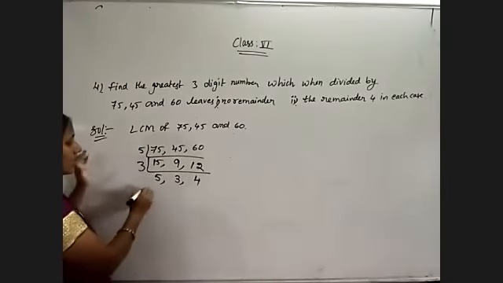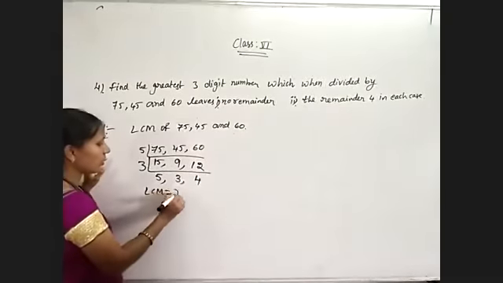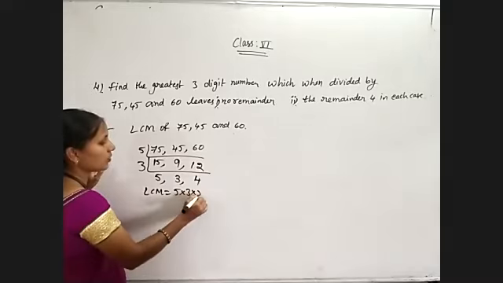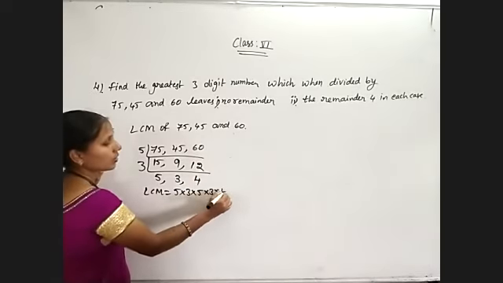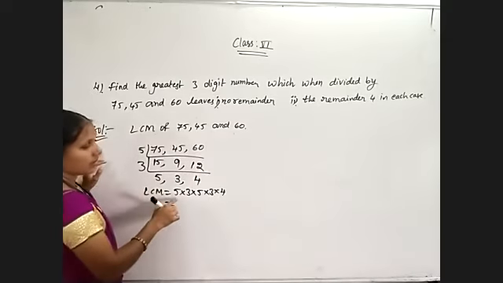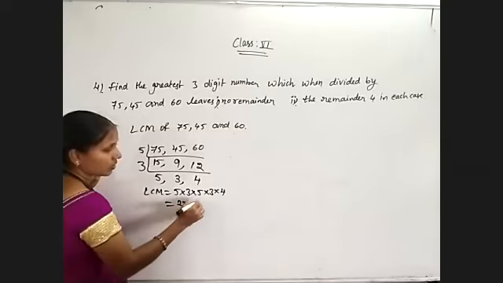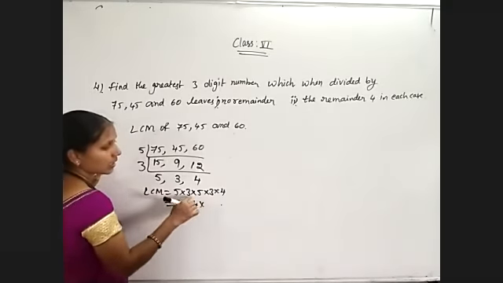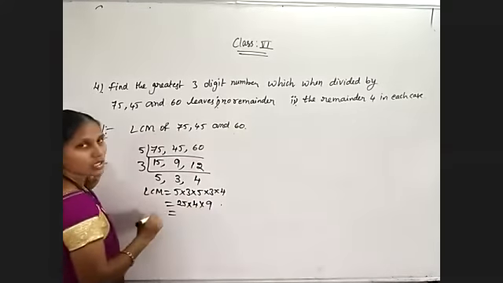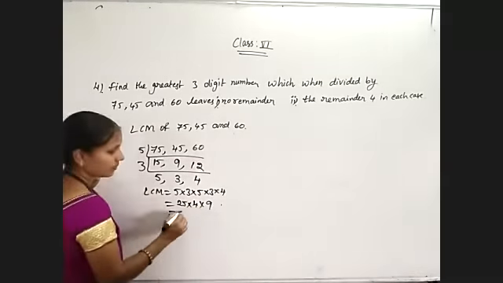That means the LCM is finished. LCM is equal to 5 into 3 into 5 into 3 into 4, so that is 25 into 4 into 9, which is 100 into 9, equal to 900.